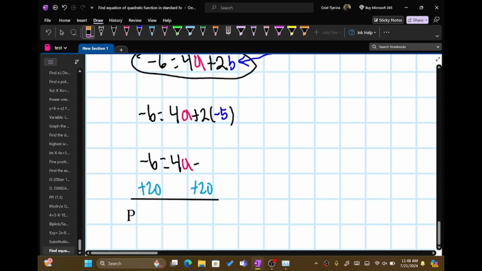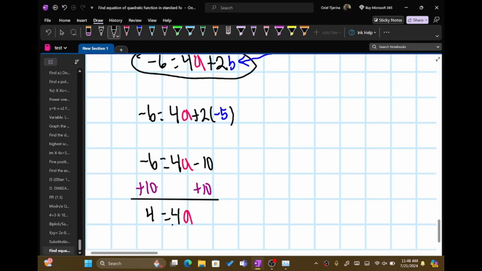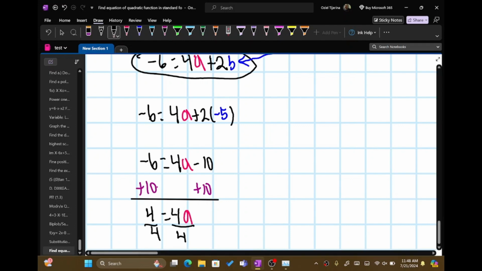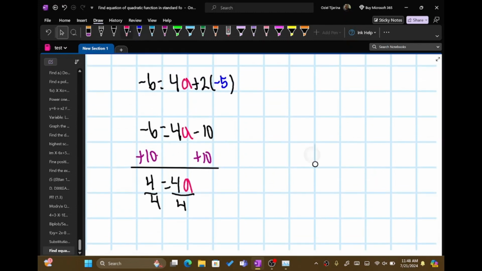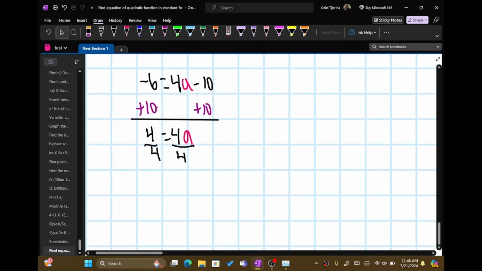We get 4a minus 10, actually. We add 10 to both sides here. We end up with 4 equals 4a. And then we end up with a equals 1, because we divide by 4. So we figured out what a is.